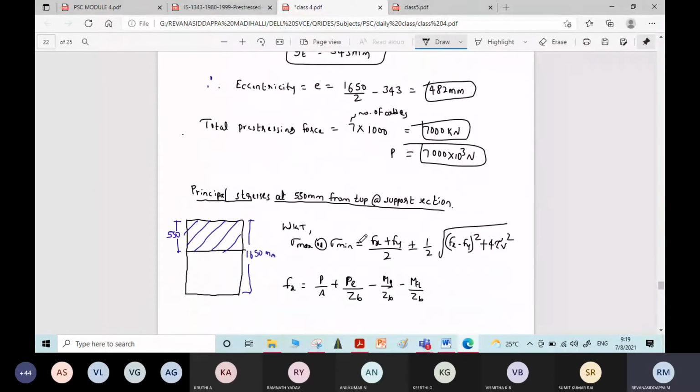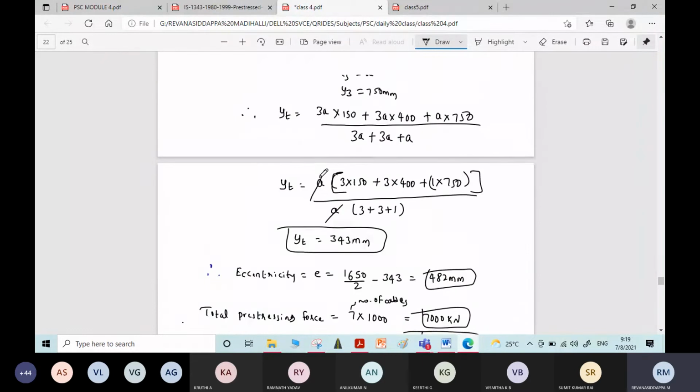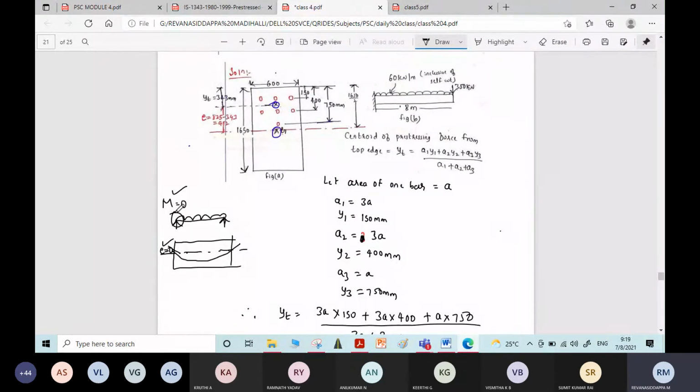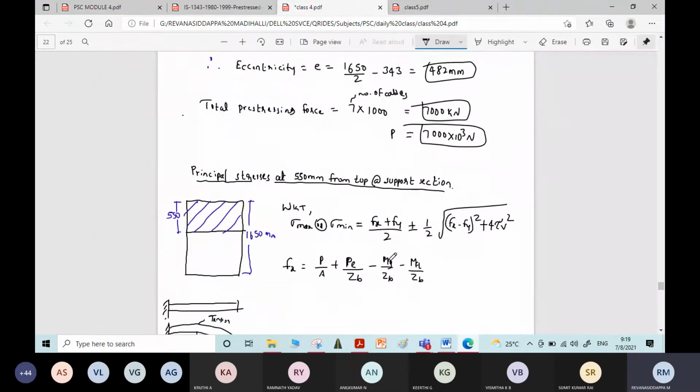Have you understood, students? Here the type of beam given is a cantilever beam. For a cantilever beam, at the supports moment also exists, eccentricity also exists. Therefore, the formula for fx will be this much. If moment and eccentricity are 0, all these three terms become 0 and we only get P by A. That we practiced in solving previous problems.